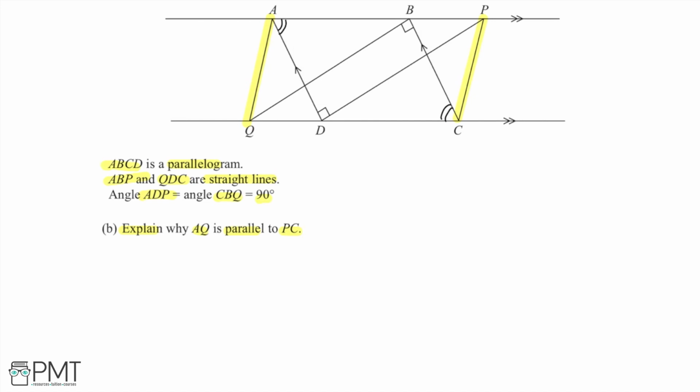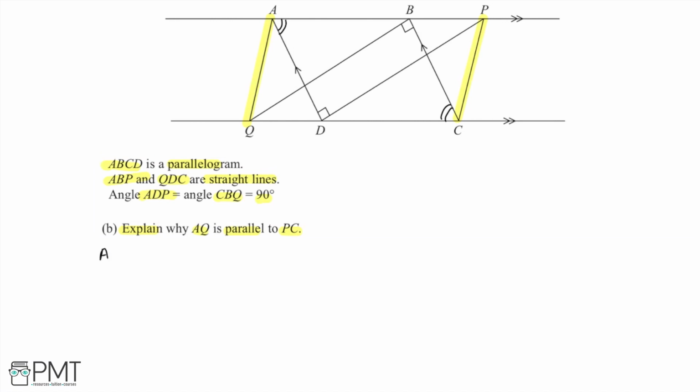So if we look at the other sides, AP and QC, now these are both part of the triangles that we proved were congruent previously. So AP is the hypotenuse of this triangle here, and then QC is the hypotenuse of this triangle here. And we know that the triangles are congruent, so their hypotenuse must be equal. So that is the first point I'm going to make here.